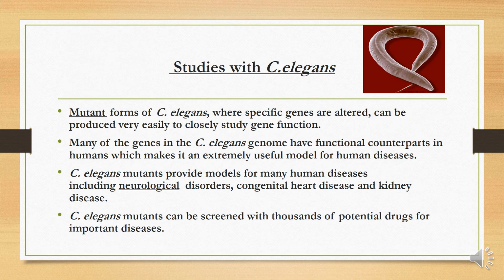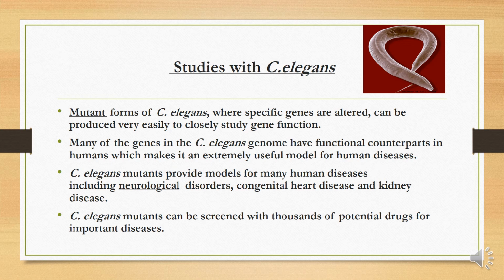Now, which are the studies that were done using C. elegans? Mutant forms of C. elegans where specific genes are altered can be produced very easily to closely study gene function. So, by using mutants, we can easily study gene functions in C. elegans like in Drosophila. So mutant observation is very easy by mutating a particular gene in case of C. elegans also.